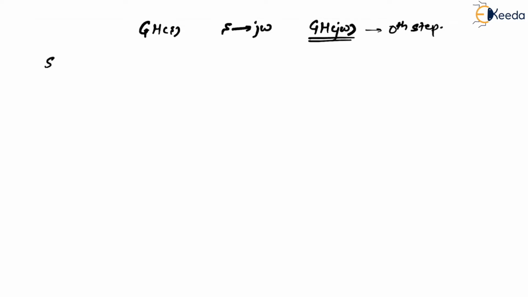The first step, step 1, was to find M0 and to find M infinity. M0 is the magnitude of GH at omega equal to 0, and M infinity is the magnitude of GH at omega equal to infinity, right?